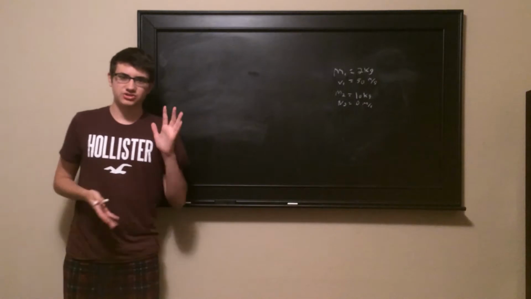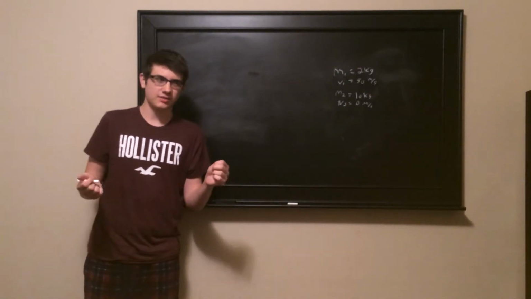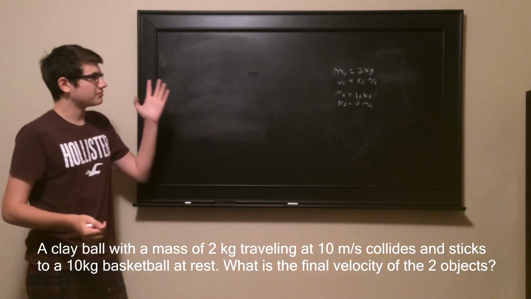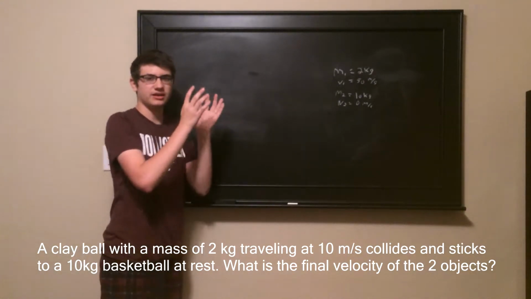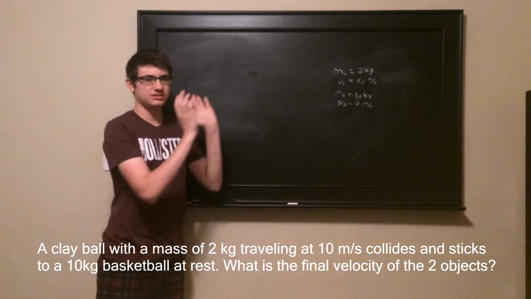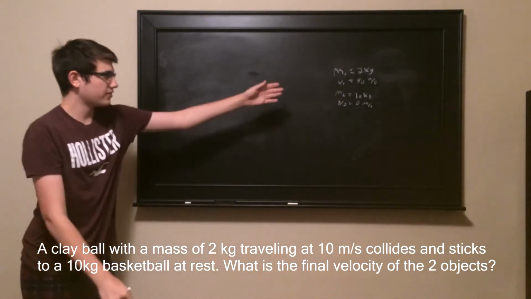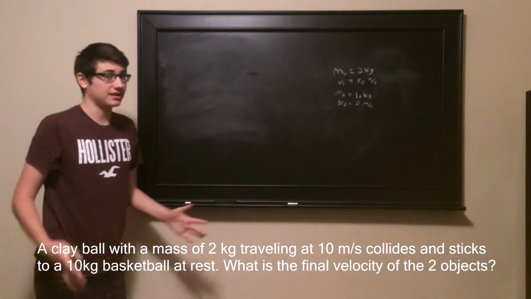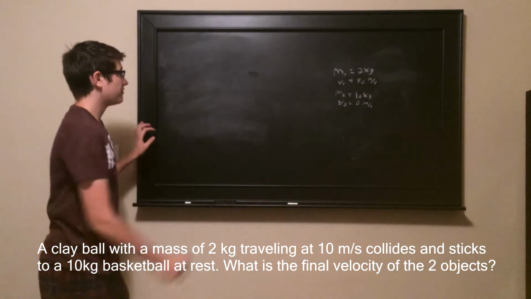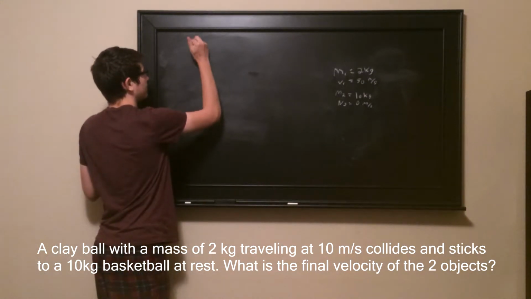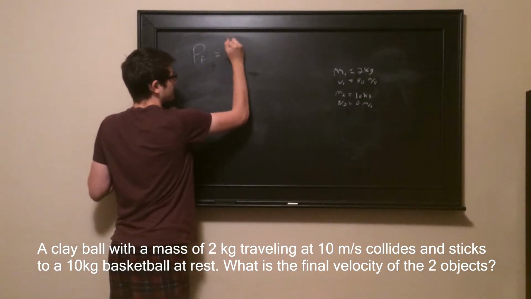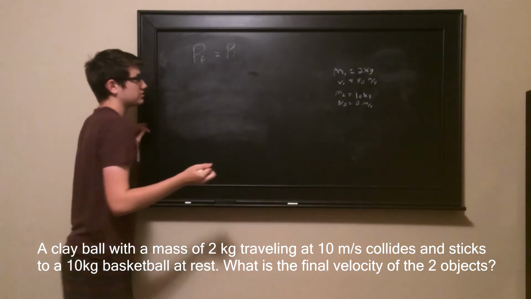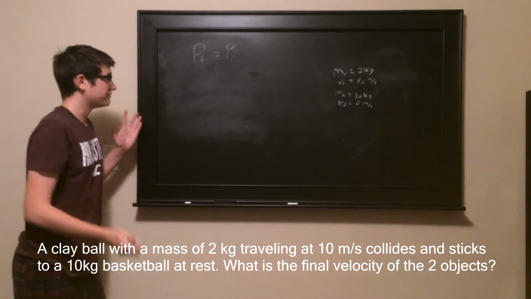The way we can explain this is to talk about a clay ball hitting a soccer ball and sticking to it. The momentum of those is going to be equal. So I have a couple of variables set up right now. We can think of P final equals P initial, or P initial equals P final.